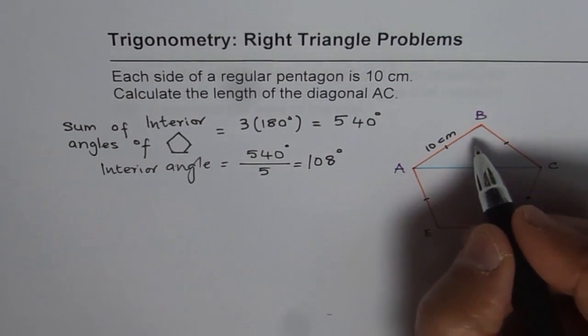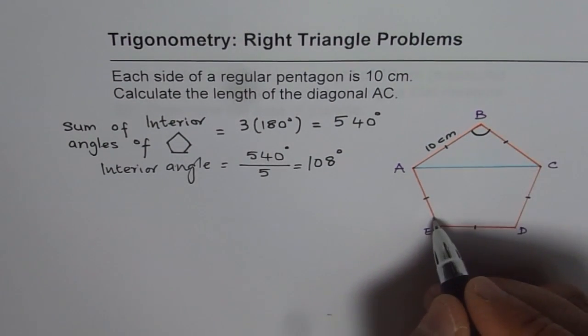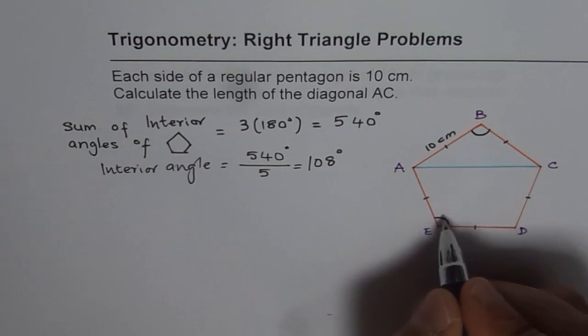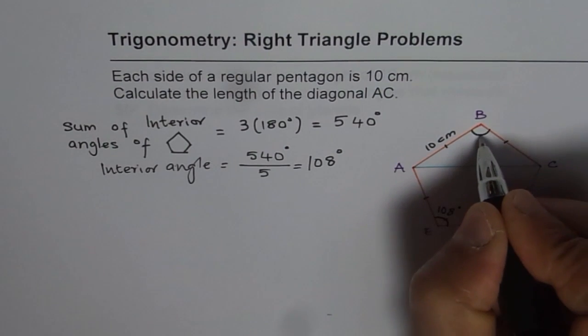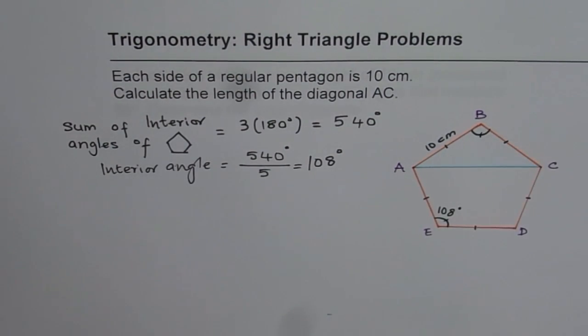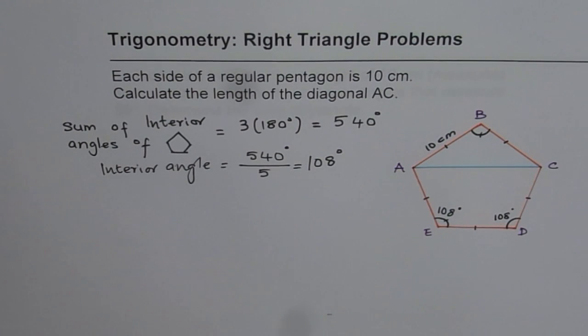That is to say that this angle is 108 degrees. This angle is also 108 degrees. Let me write 108 degrees. All are equal, correct? All these interior angles are 108 degrees each for a pentagon.